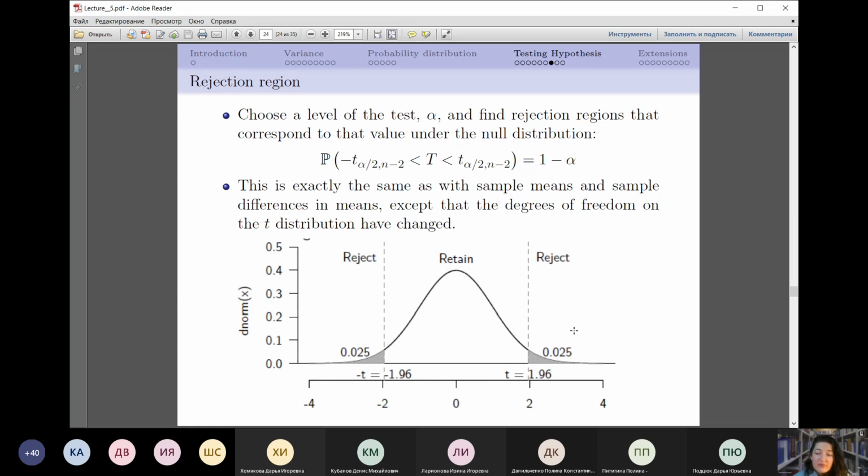And if this probability is very, very low, it means that the alternative hypothesis could be true. And the values of the test statistic will tend to be unusually large, for example, or unusually small.